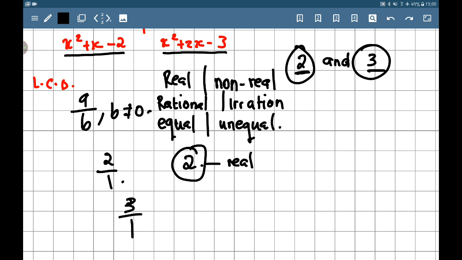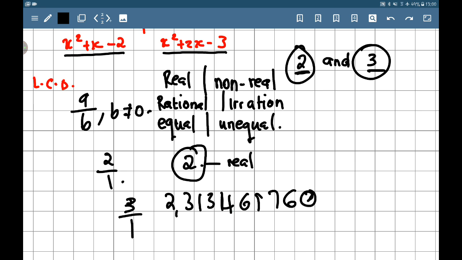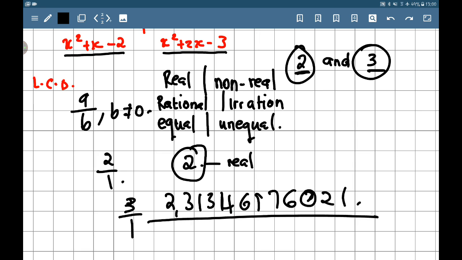So any number that gives you something like that, for instance, 2.313469766021, is an irrational number. Why is it irrational? Come on, guys. Think about it. The word rational and the word irrational.